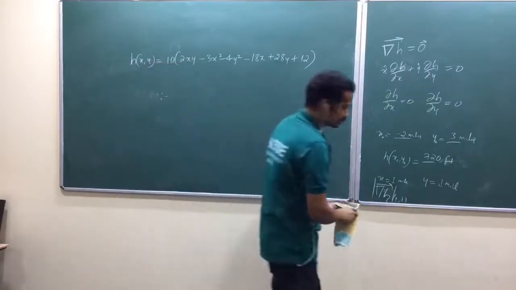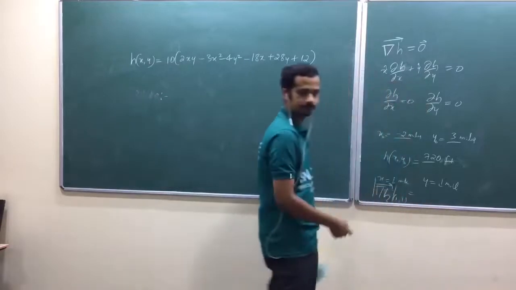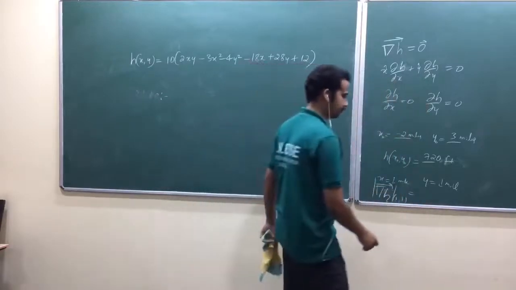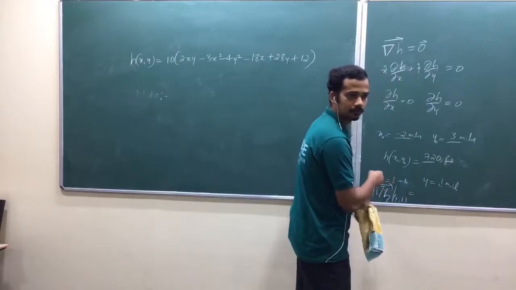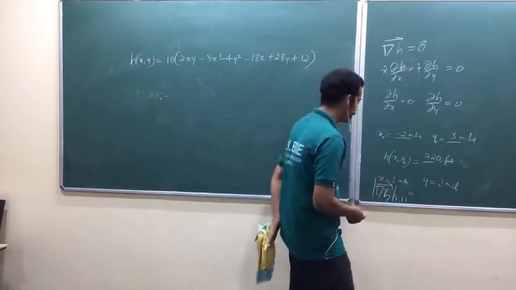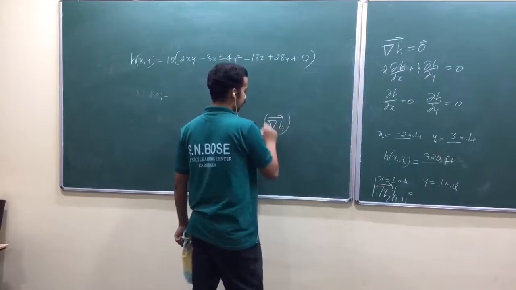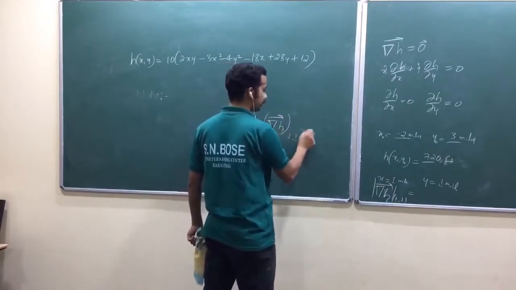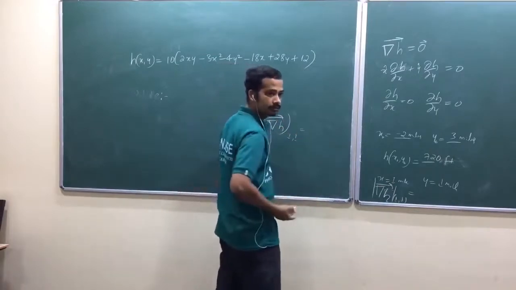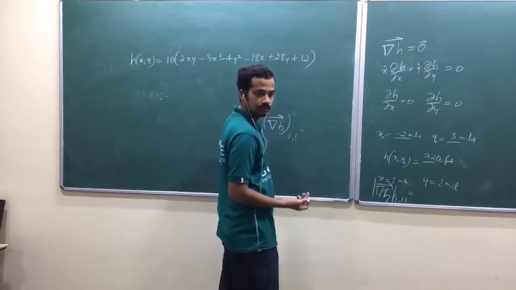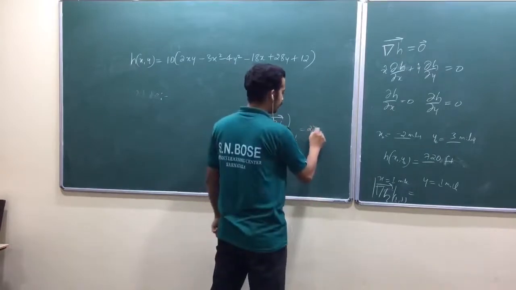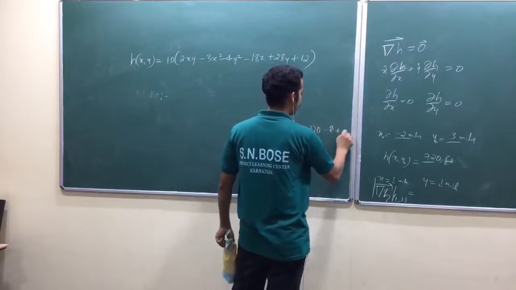What was this answer actually? No, I mean not the modulus. Give me del h at 1 comma 1. I mean the vector, I need the vector. So 220 into minus x cap plus y cap.